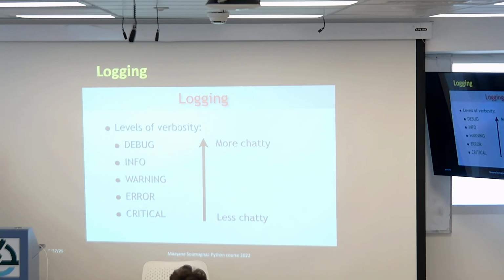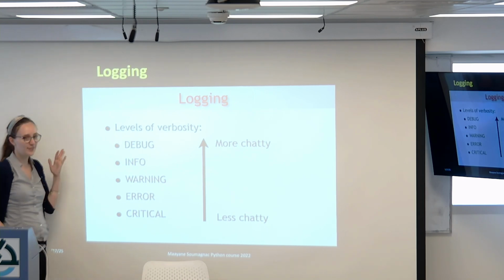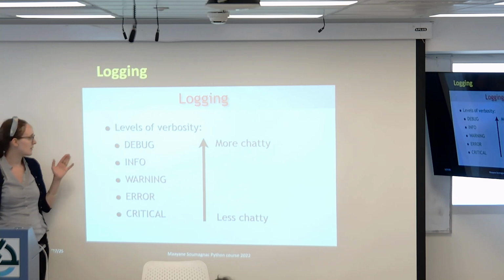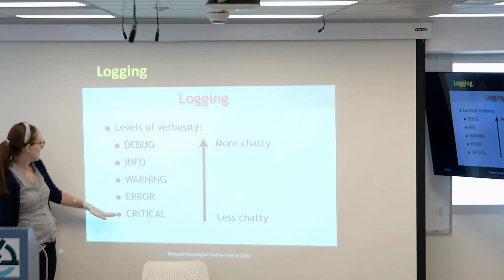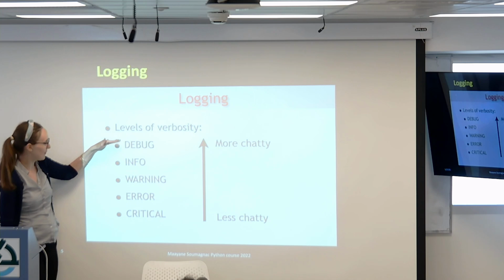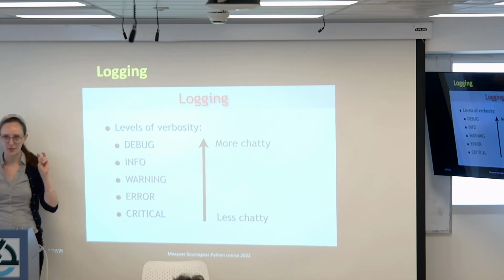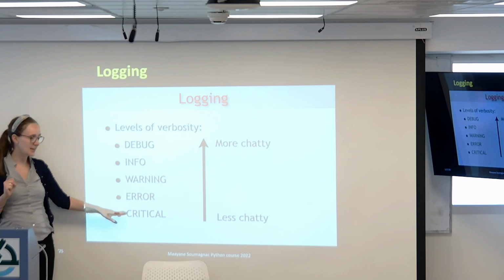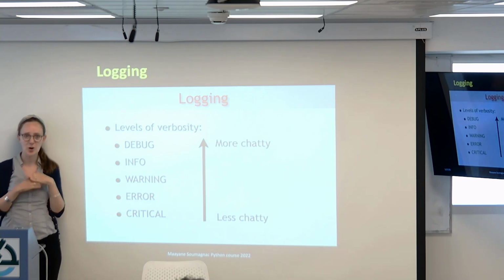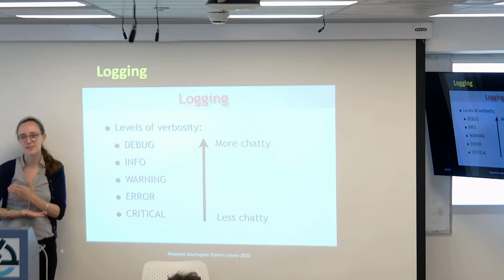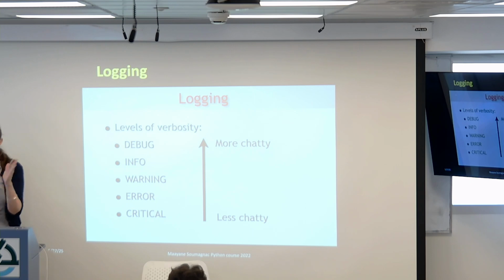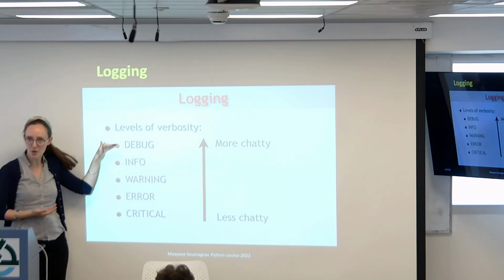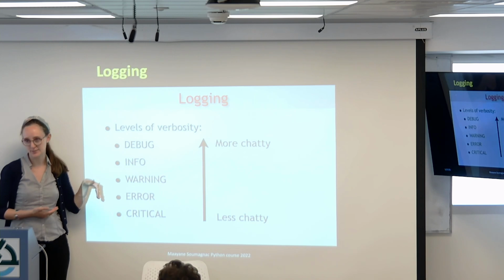But logging gives you a slightly fancier way to do it, because it has 5 levels of verbosity. The critical level will only print messages that are really, really important. The debug mode will print everything.